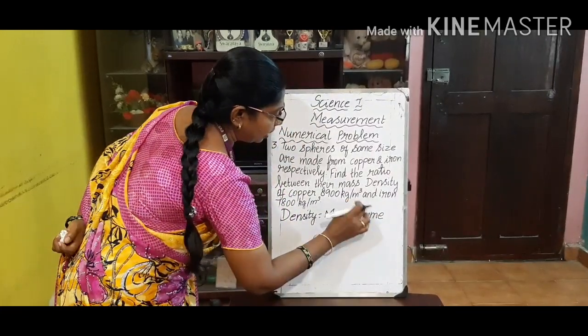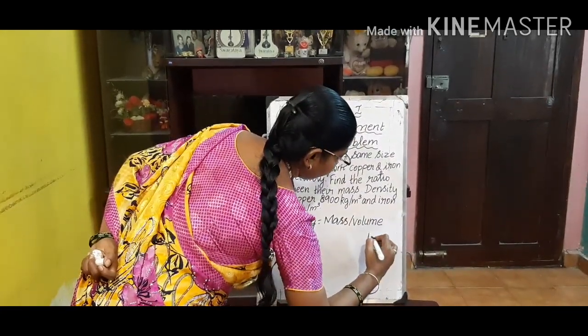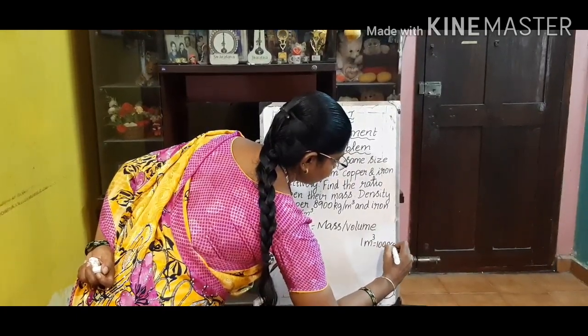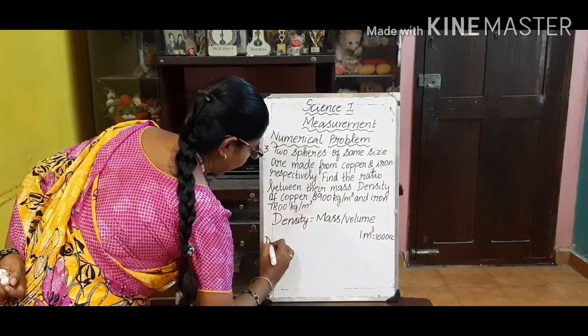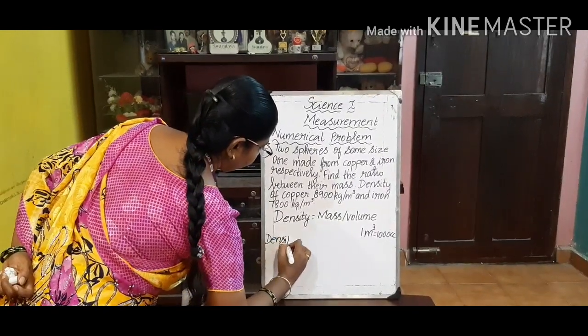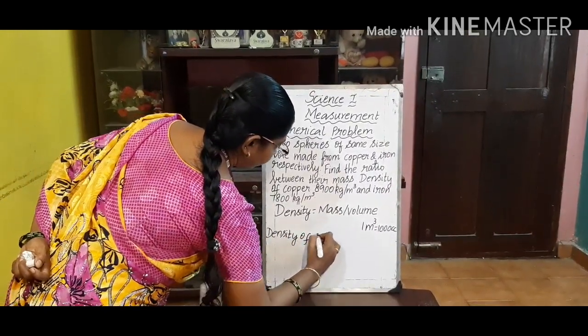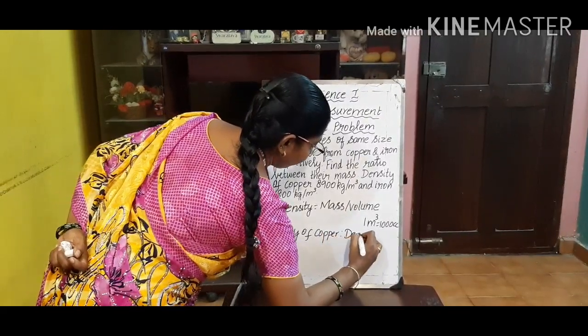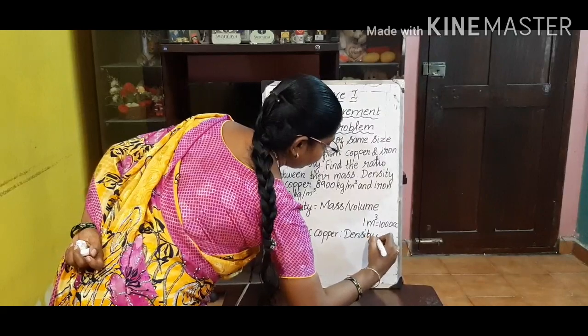So this meter cube, we will convert this. 1 meter cube is equal to how many cc? 1000 cc. So density of copper is to density of iron.